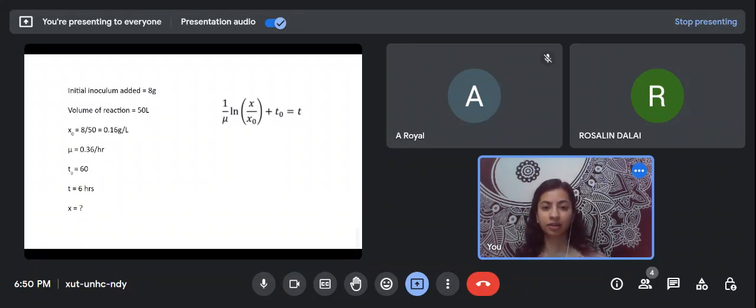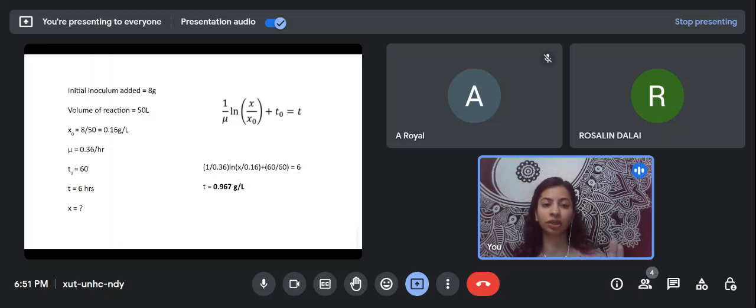So I will give you the formula, and the answer too. Just see if you know what is going on in this case. This formula is, if you have the lag phase, the specific growth rate, the initial concentration and the final concentration, it will give you the time that it takes to reach that final concentration.